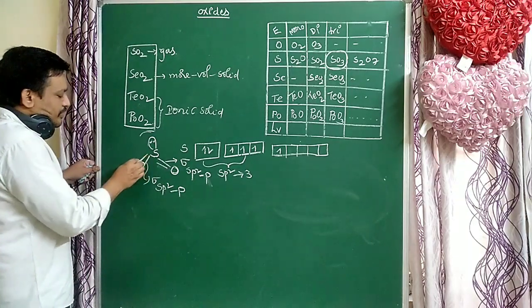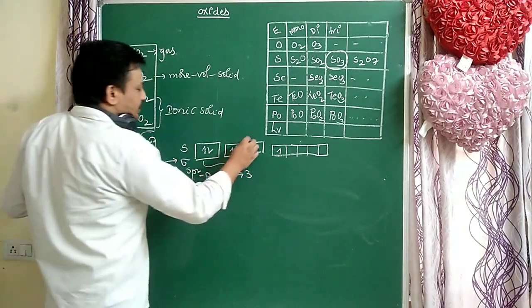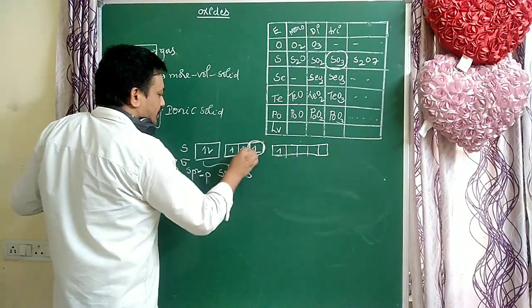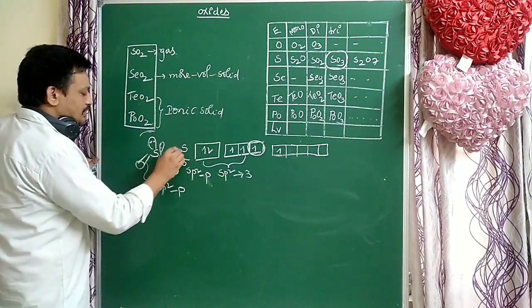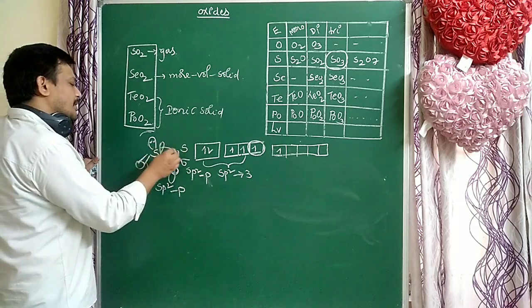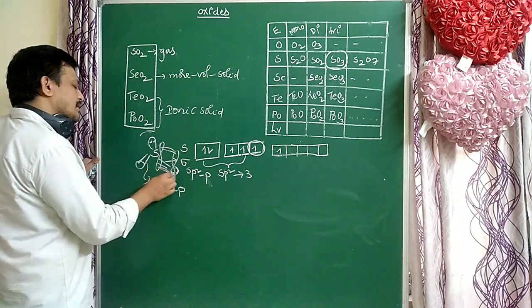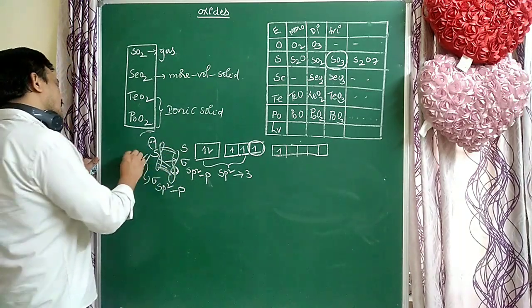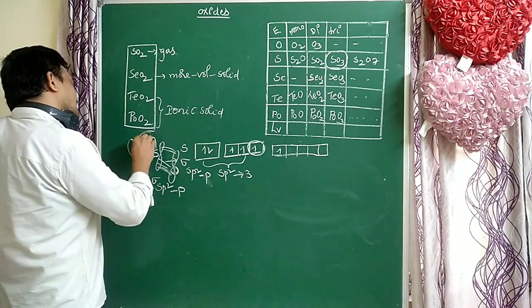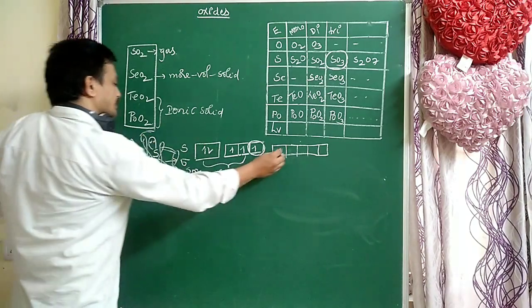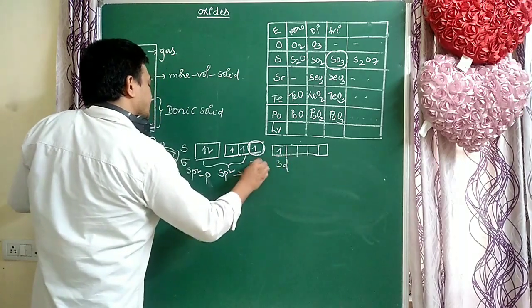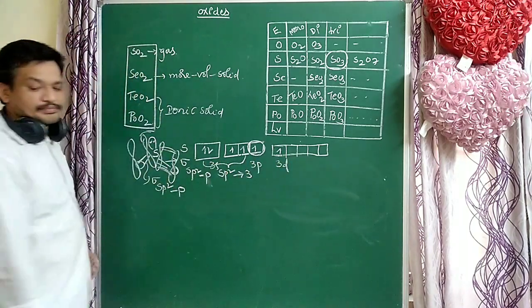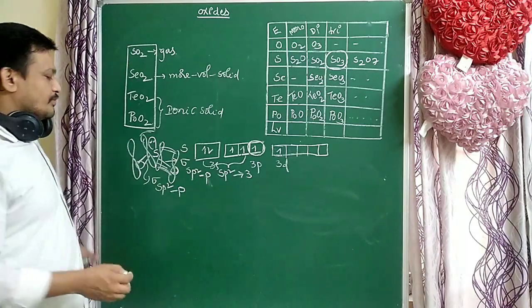Now the pi bonds. One pi bond is formed from the sulfur p orbital and the oxygen p orbital, that is a p pi-p pi bond. Another pi bond involves the sulfur 3d orbital, along with 3s and 3p. That is very important.